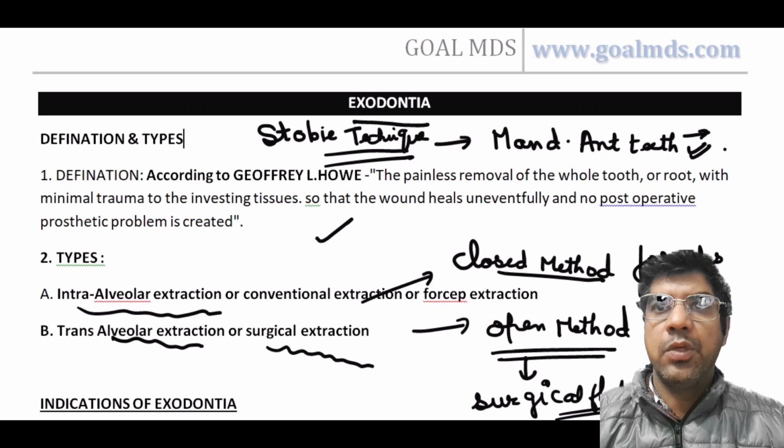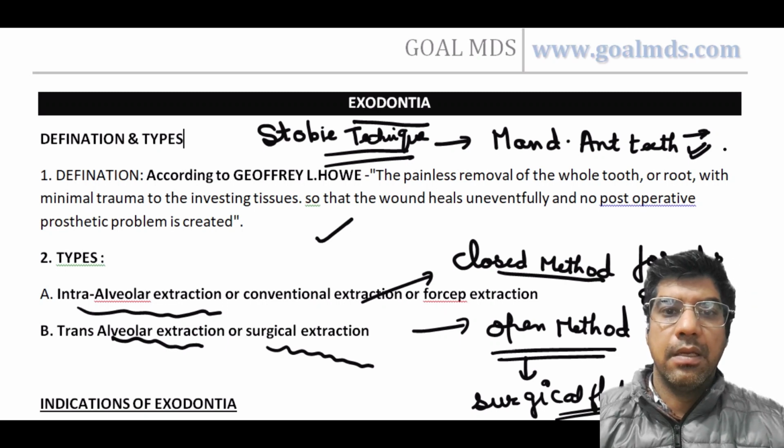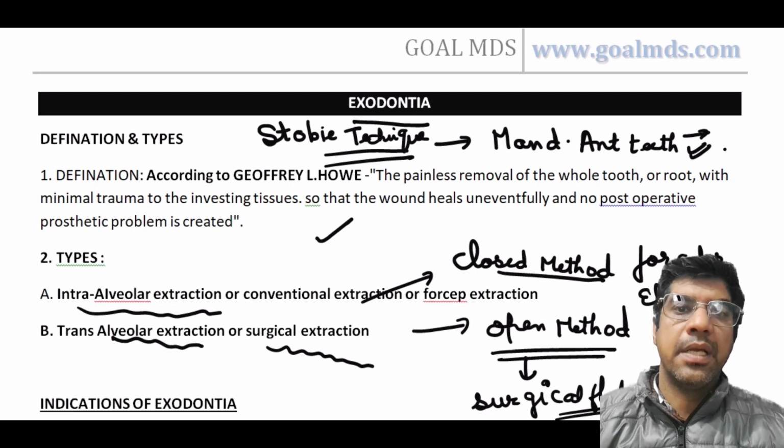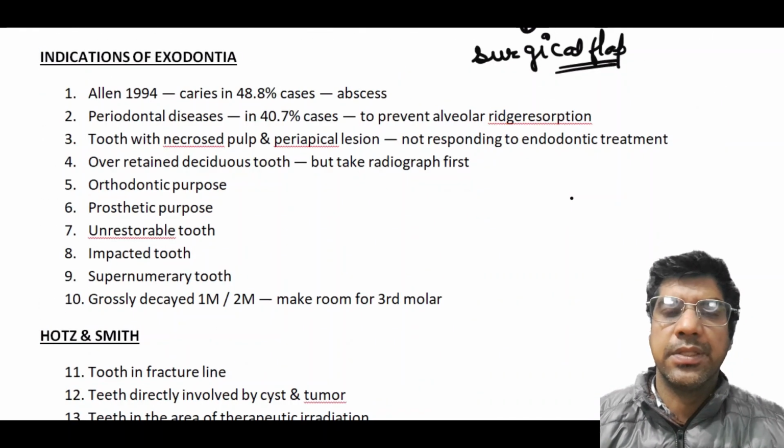Here the adjacent tooth can be used as a fulcrum. Now let us discuss the common indications for tooth extraction.